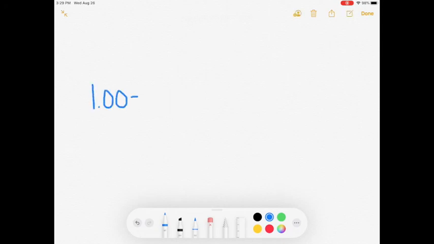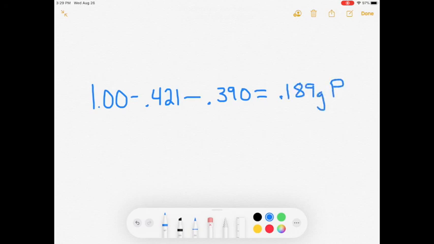So if I have a total 1 gram for my compound, and I subtract out the 0.421 from sodium and the 0.390 from oxygen, that leaves me with 0.189 grams of phosphorus. Now we know exactly how much each element makes up in our 1 gram of sodium phosphate.